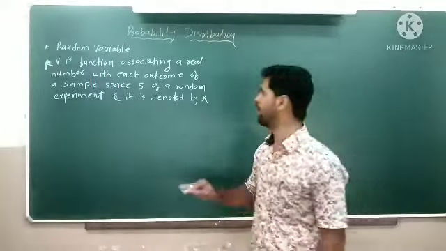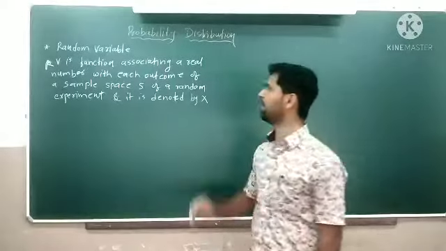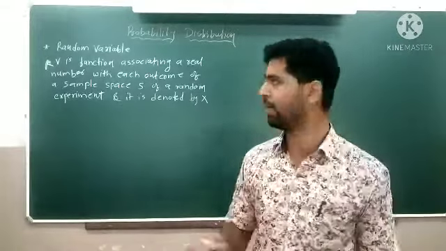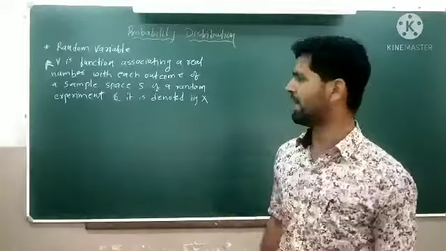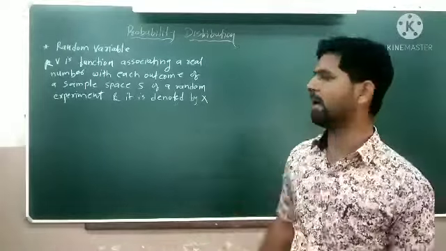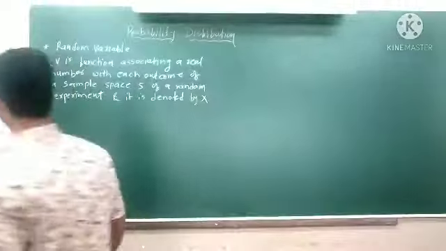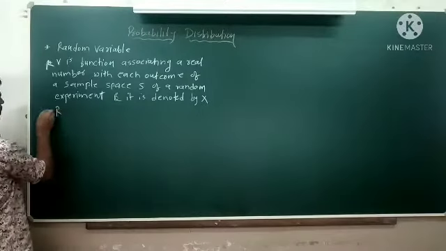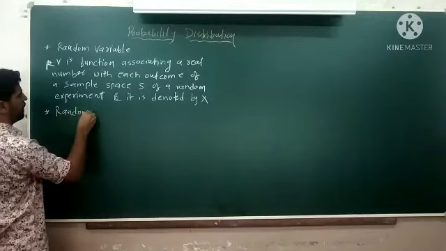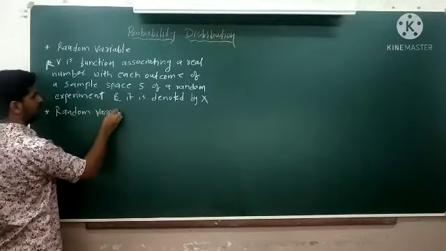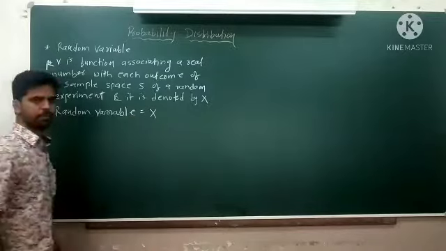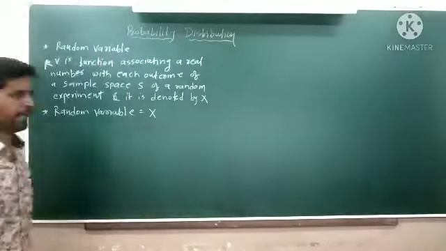It is denoted by X. So a random variable is a function associated with a real number with each outcome of the sample space, and it is denoted by capital X.